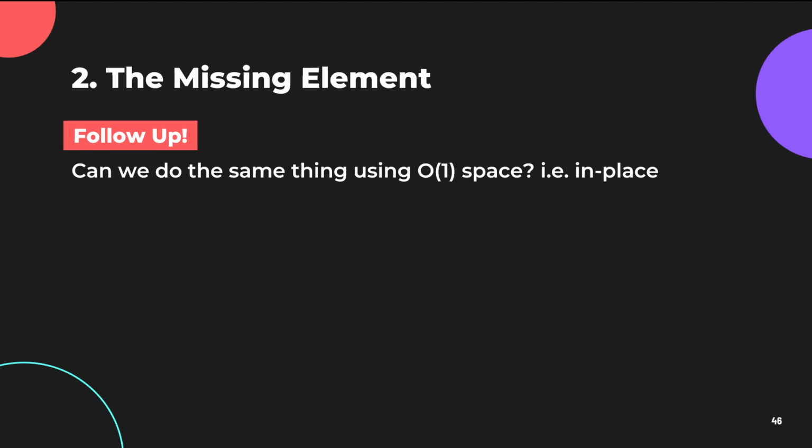For example, we start at the very first index of the array, which is an 8. So we swap it to index 8 of the array, and then we get another number. Then we swap that to its index in the array. We do this until one of two things happens.